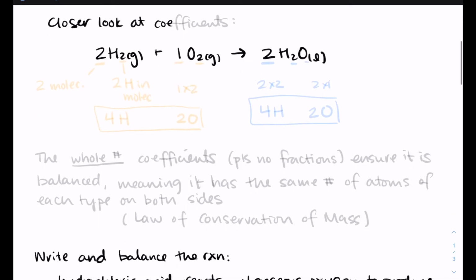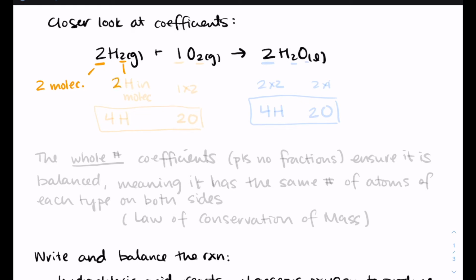Okay, let's now also take a closer look at the coefficients. For my 2H2, what I have here is an H2 molecule. So in my molecule of hydrogen gas, there are 2 hydrogens. And I have 2 of those molecules.